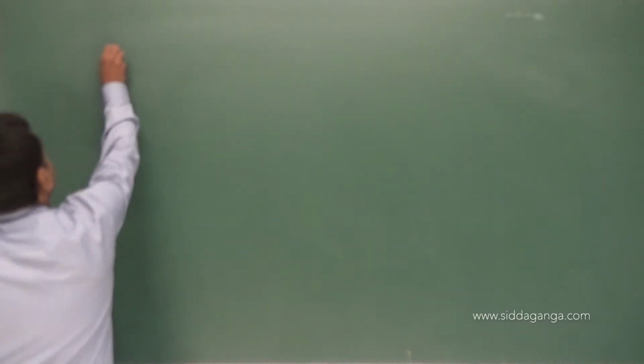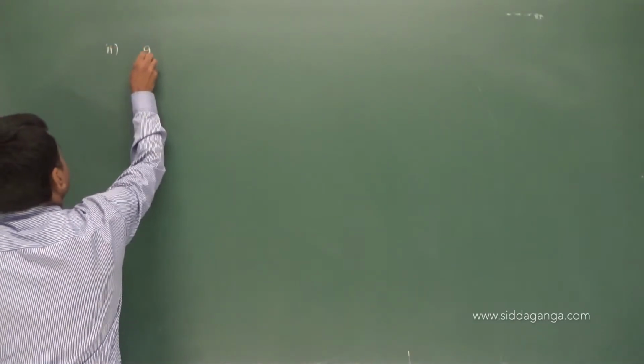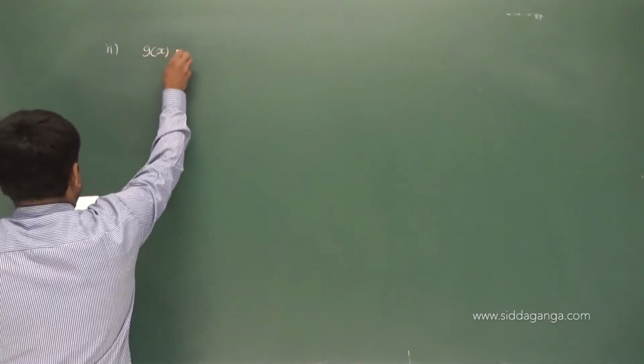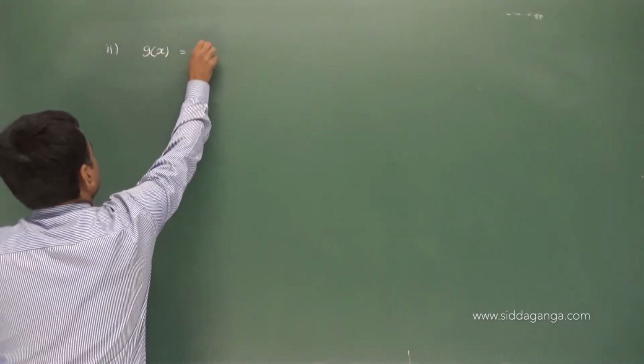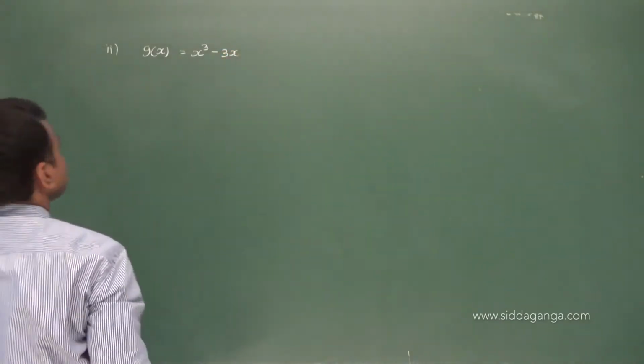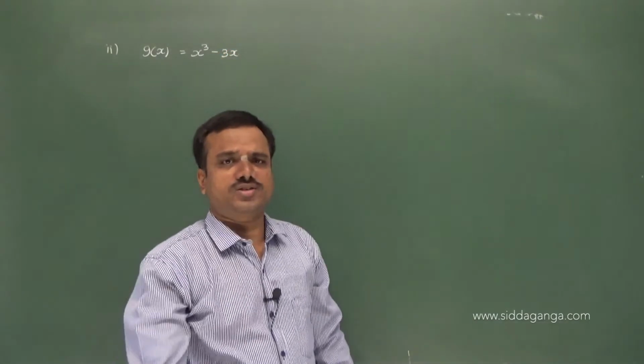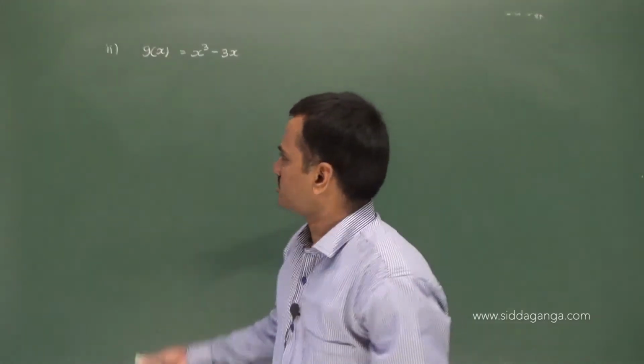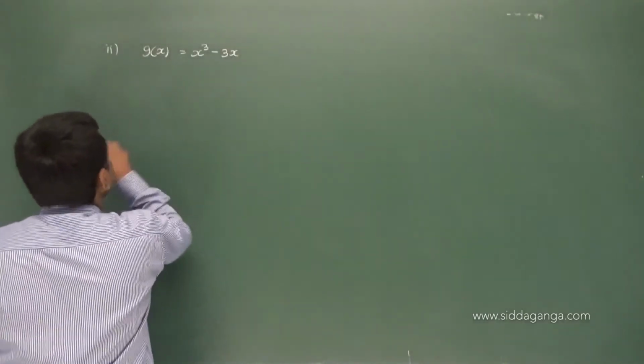Second problem, g of x is x cube minus 3x. Okay, same.